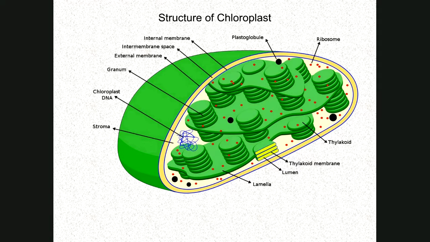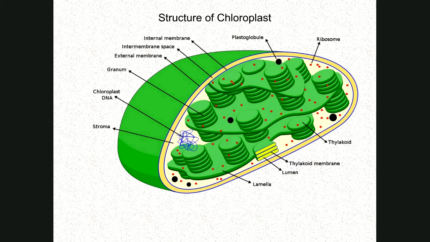It's surrounded by two membranes, the inner membrane and the outer membrane, right? An envelope also. And between them is the intermembrane space. External or outer membrane, inner or internal membrane, and the intermembrane space between the two membranes.